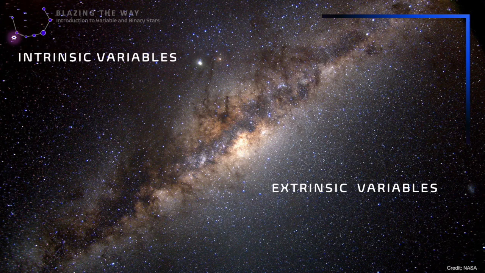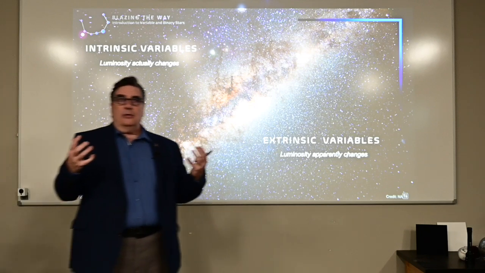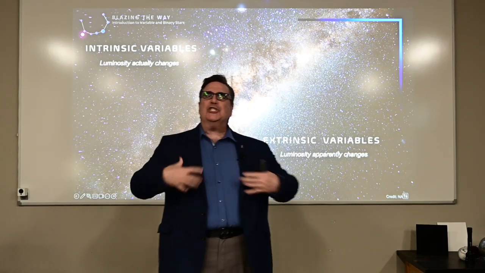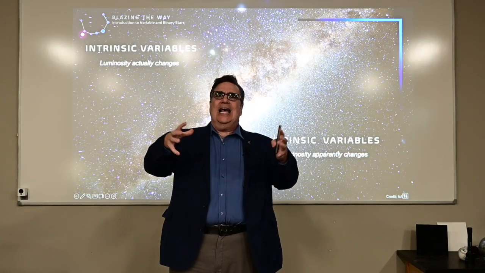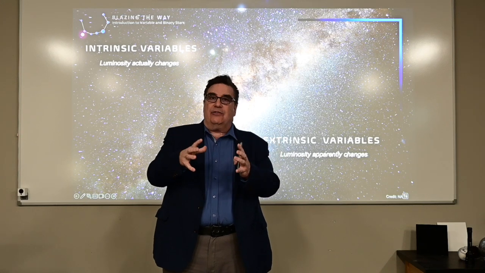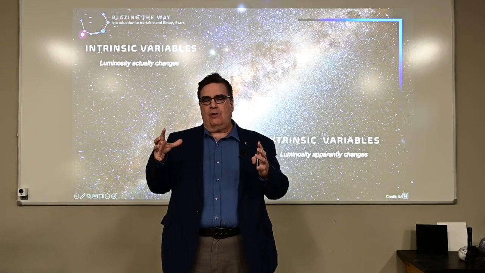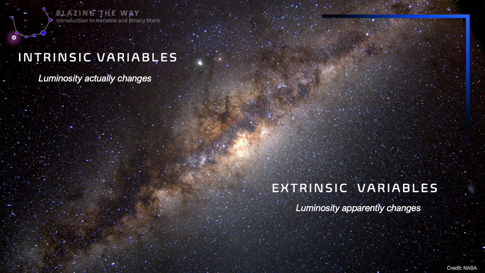The intrinsic variable stars, essentially we're talking about something internal is causing an actual brightness change within that particular star. Whereas with the extrinsic variables, we're looking at an external element, maybe an obscuration of the star's brightness itself that creates that variability.